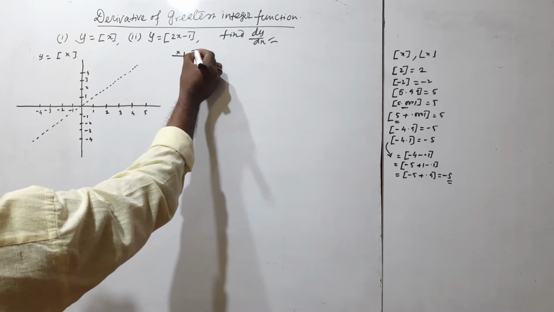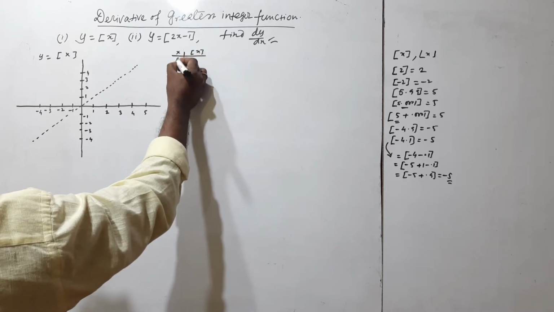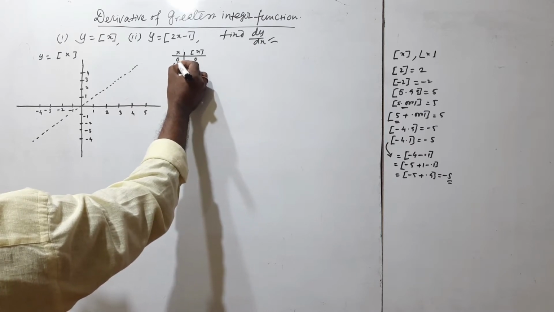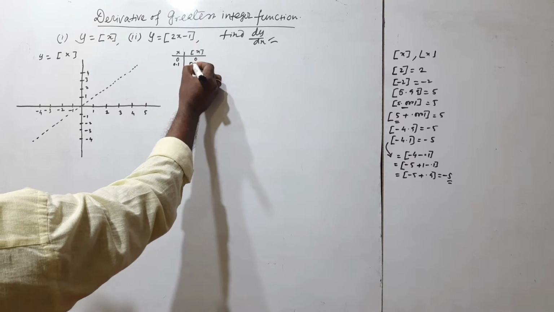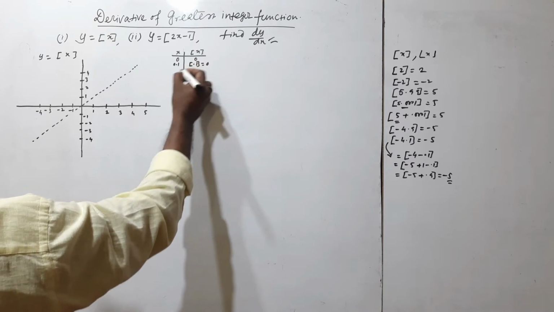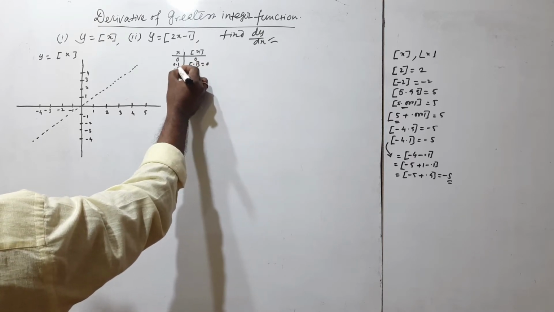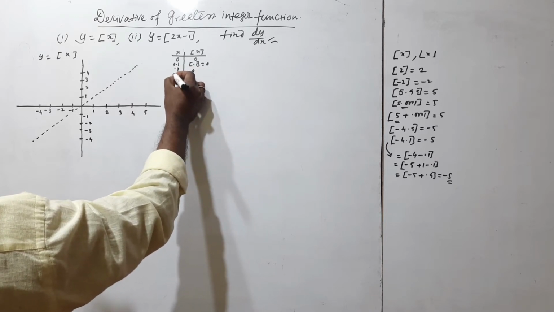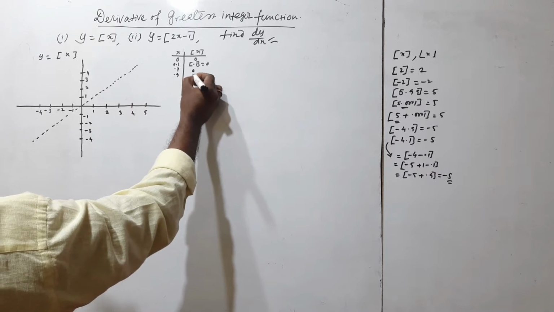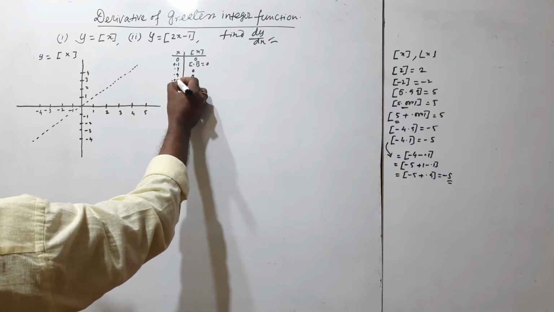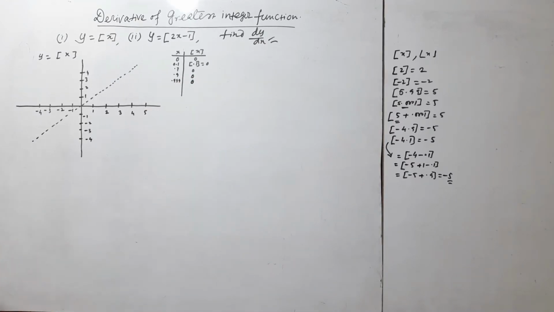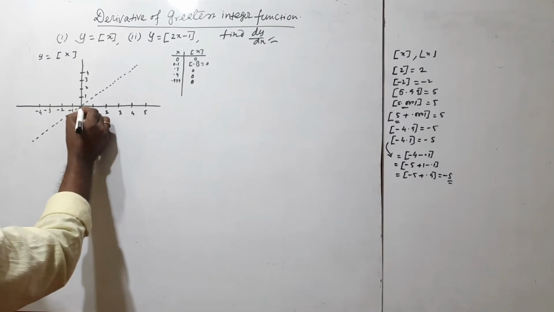Now take x and box x. If we take 0, then we get 0. If we take 0.1, box 0.1 would be 0. For 0.7, it would also be 0. For 0.9, again 0. For 0.999, it would be 0.